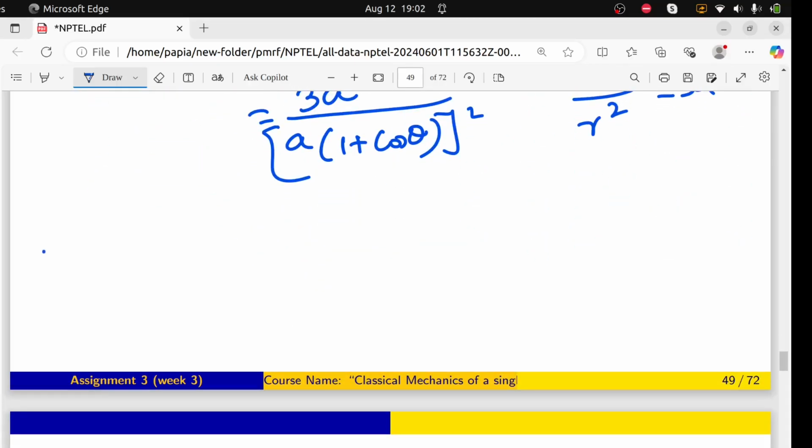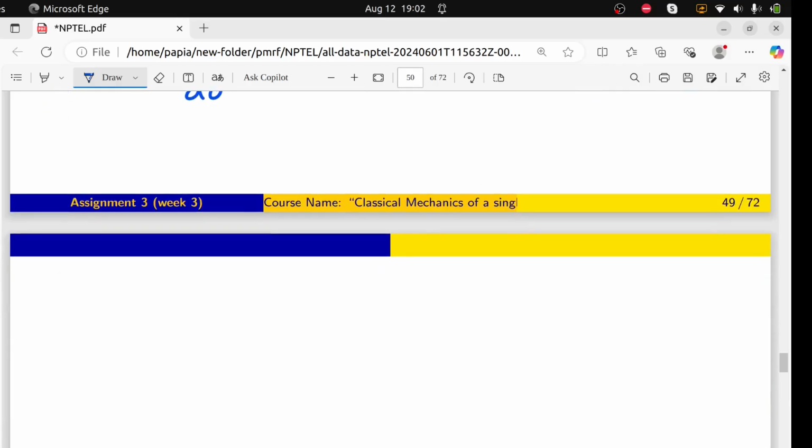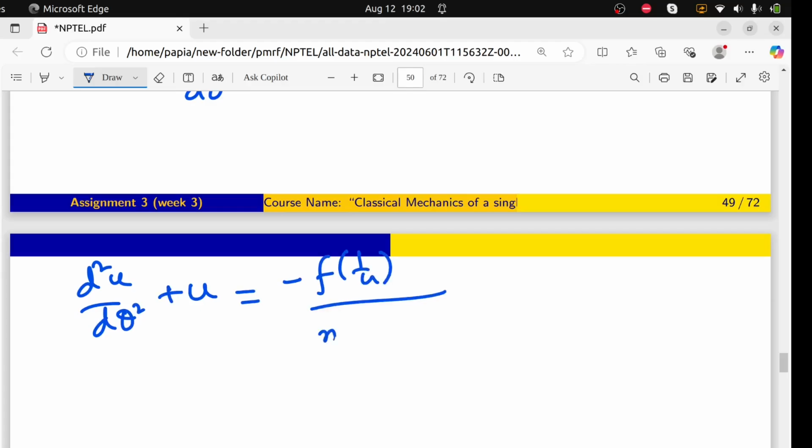So I am getting u double prime plus u, that means d2u by d theta 2 plus u, is 3a u square, and from the equation I am getting d2u by d theta 2 plus u equals minus f of 1 by u divided by m a square u square.